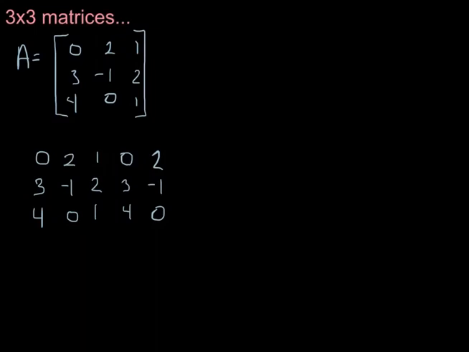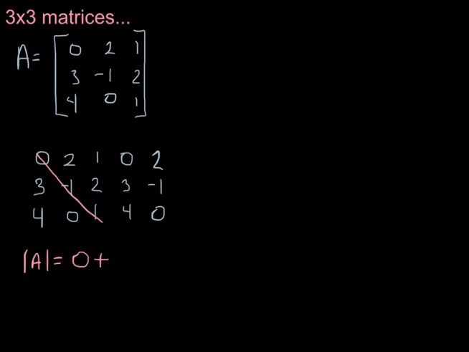Now the determinant of A, we calculate as follows. You start up on the top left, and we're going to multiply down the diagonal. The first diagonal we have is 0 times -1 times 1. So that product is just 0.